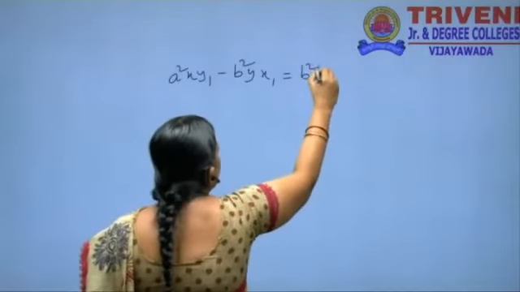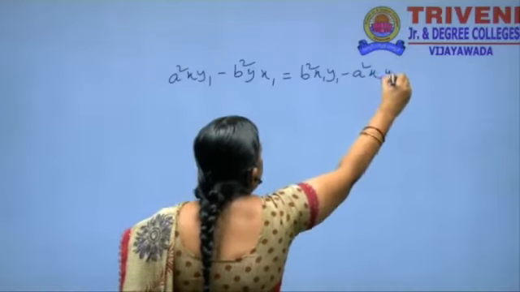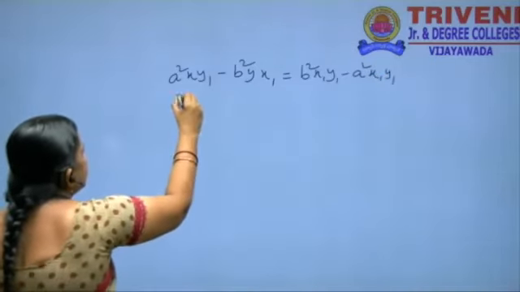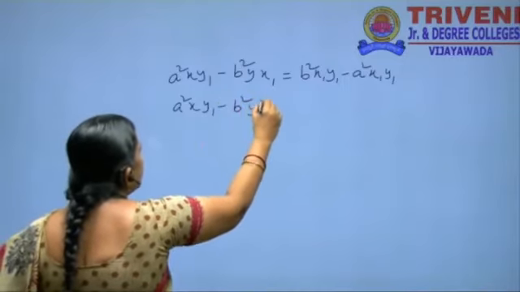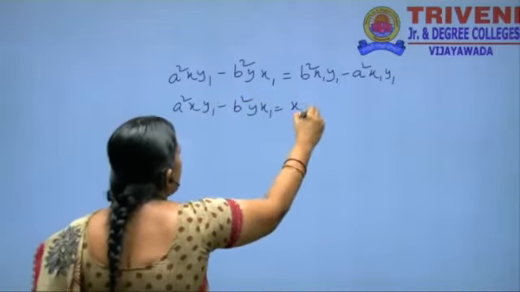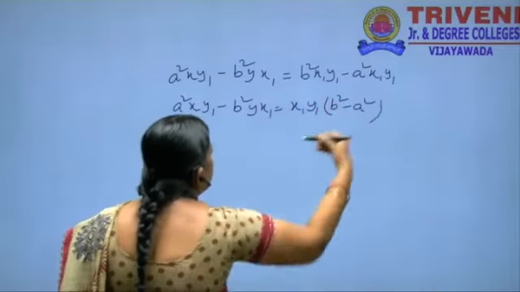Taking common x1 y1 into a square minus b square.